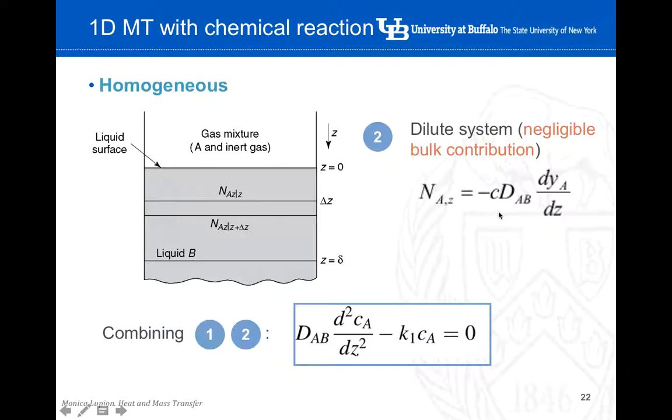So combining the general equation 1 and the Fick rate equation 2, this is the general equation in the case of having homogeneous reaction.